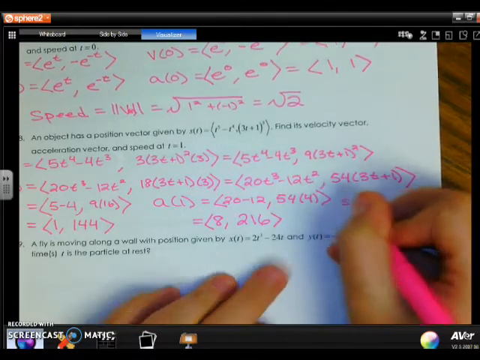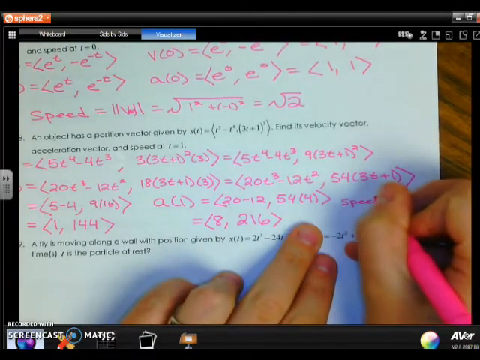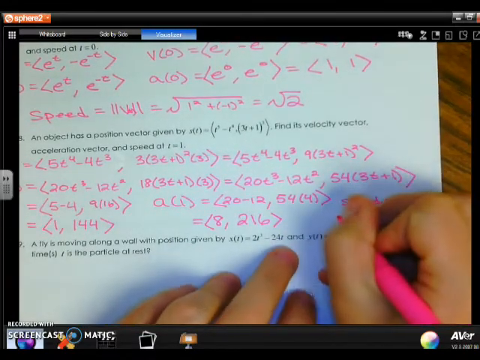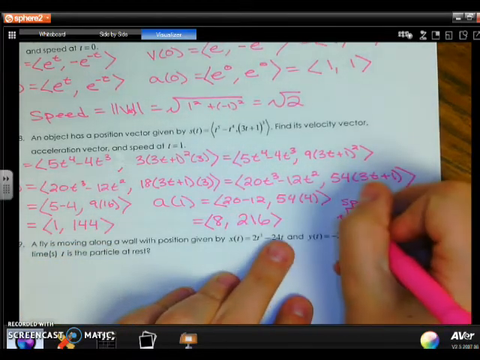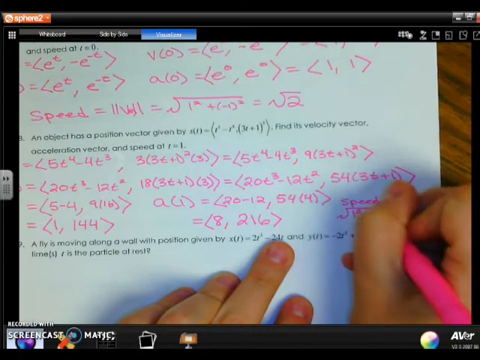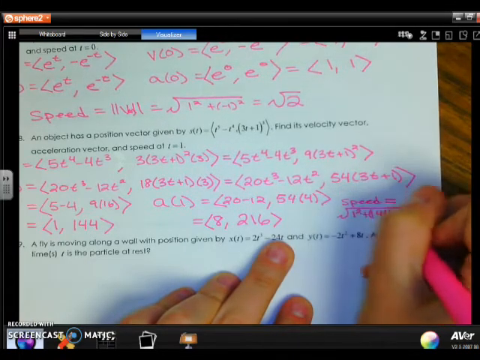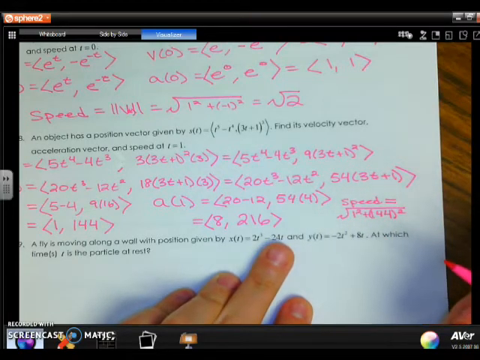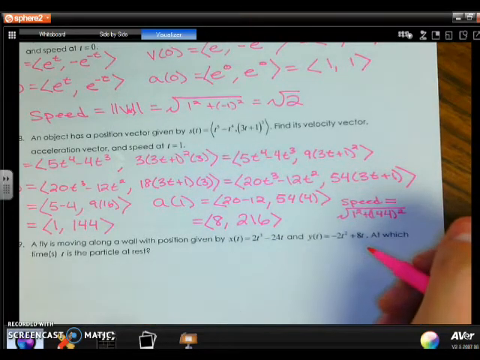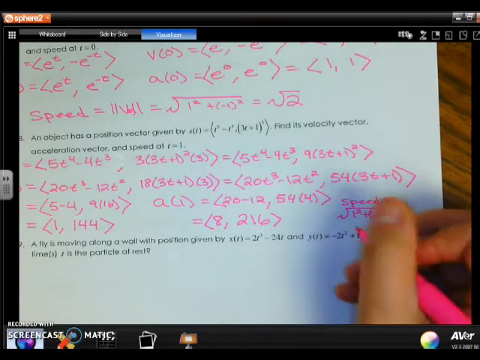So remember, your speed, I'll just write it really tiny. So speed is going to be the square root of each part of the velocity squared. So 1 squared plus 144 squared. Ooh, that's going to be big. Okay, so when you do that, it'd be like the square root of 20,000, I guess.